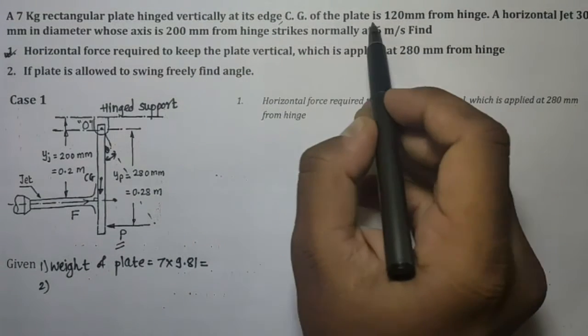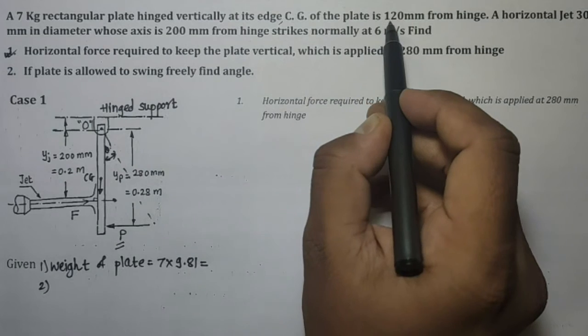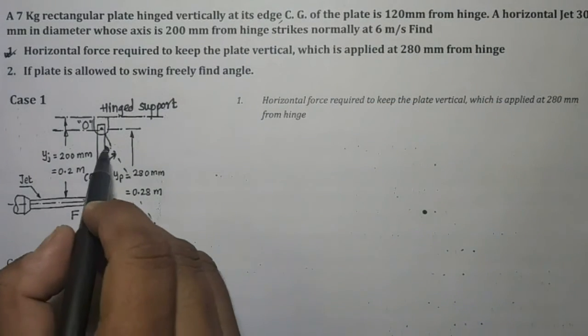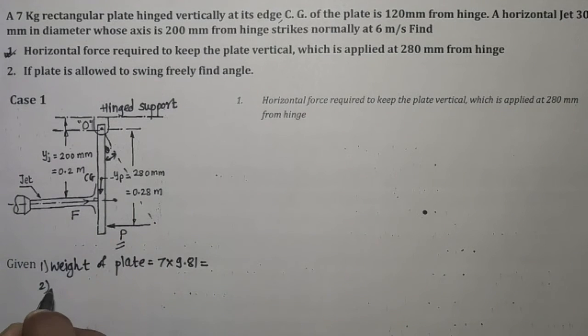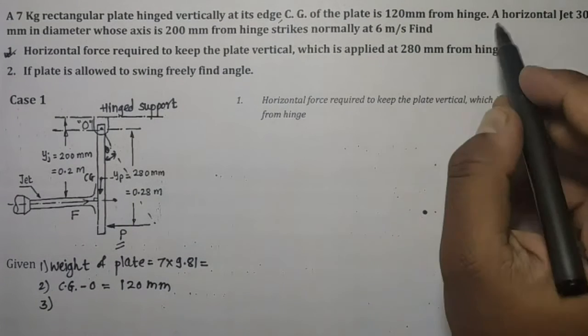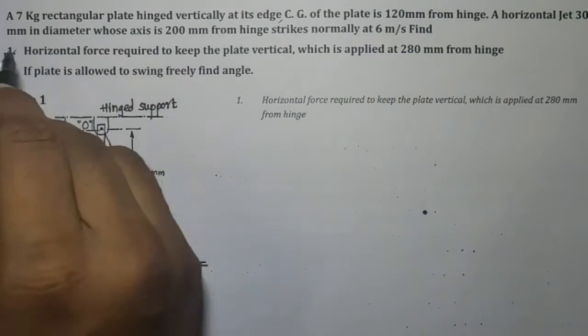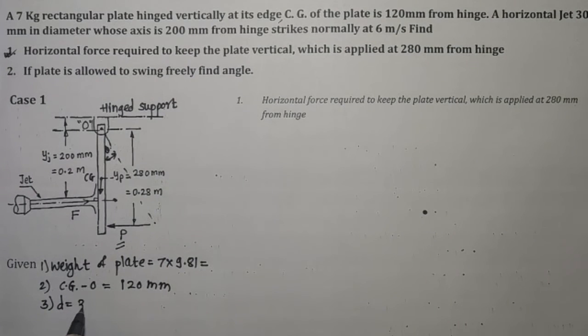Second, they have given the CG of the plate is 120 mm from the hinge support. So the location of CG is given, and that is the distance from CG to O, 120 mm. The third thing given is a horizontal jet of 30 mm diameter, so D is equal to 30 mm.